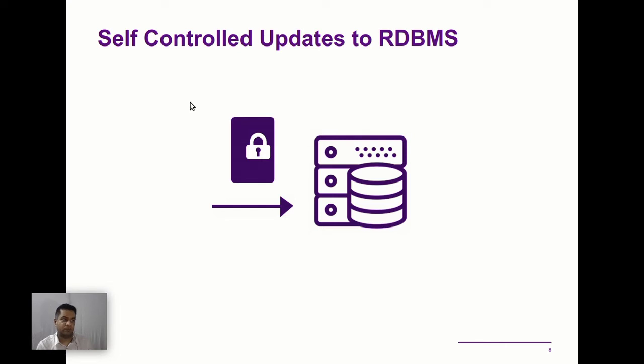So if I have to change the username and password, then I have to actually get into the database and change it from inside the database. This is something that's called self-controlled updates or self-managed authentication. This is not a problem per se, and it's obvious that something like this would be a part of the database system, but some of this introduces some challenges that we are going to talk about later on in our discussions.